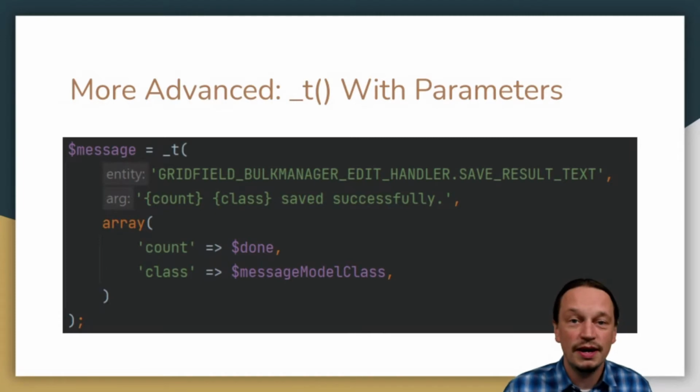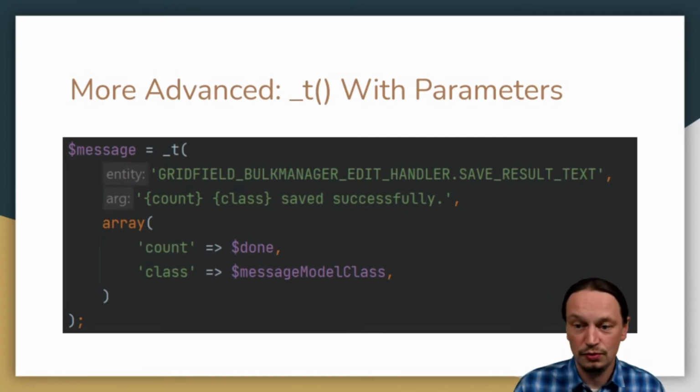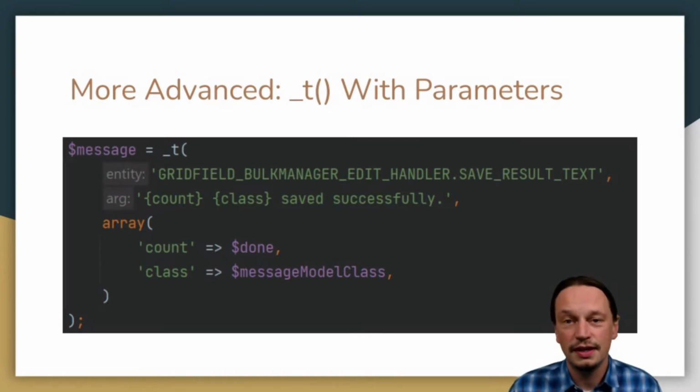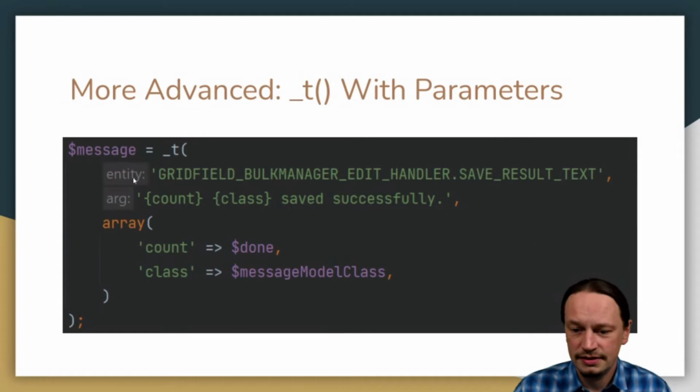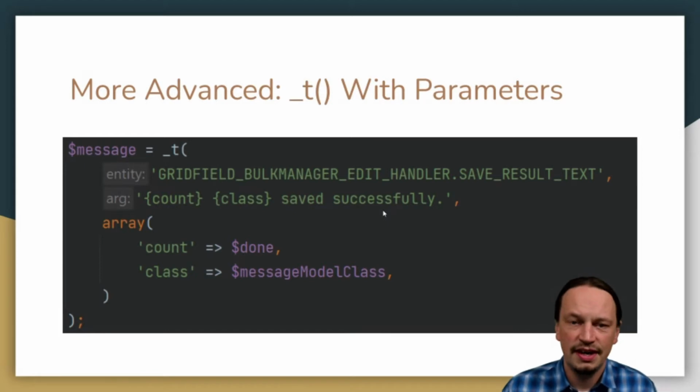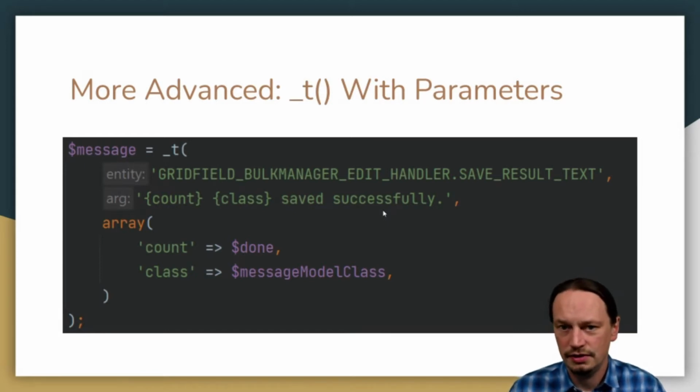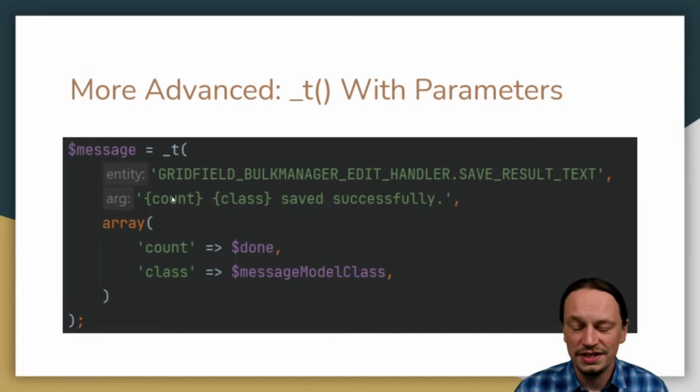We can also pass parameters to the _t method, because when we want something like "this number of this class are saved successfully", it might be possible that in other translations this count and class is not at the beginning of the translated string, but in the middle or at the end or whatever.